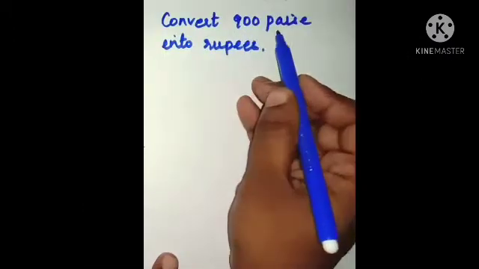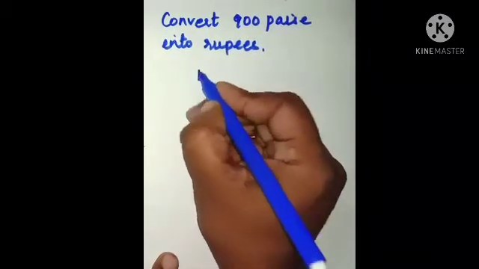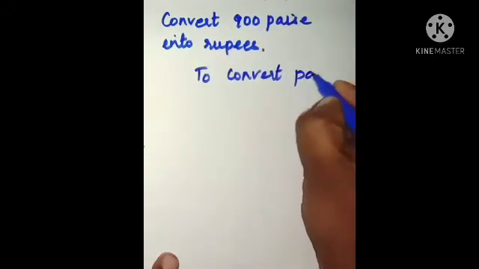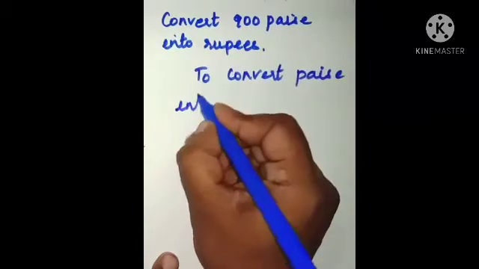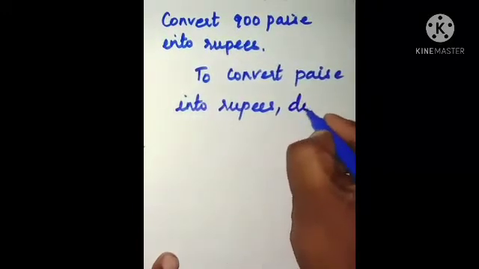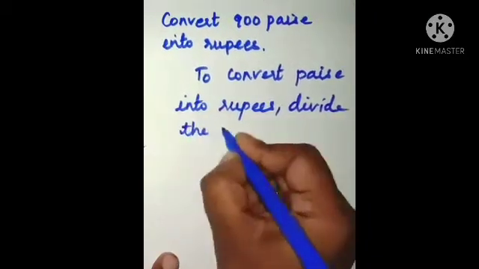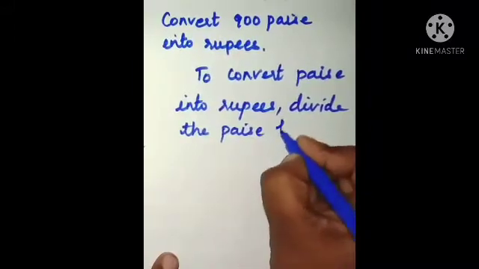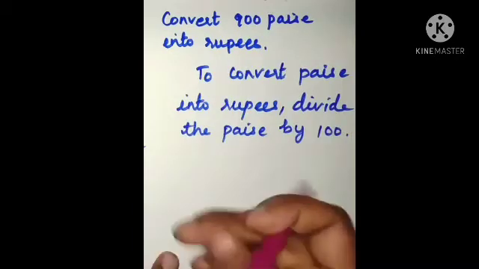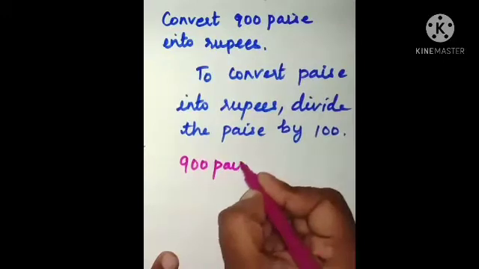Convert 900 pies into rupees. Children, we know that to convert pies into rupees, we need to divide the pies value by 100. Therefore, the pies value is given that 900 pies.